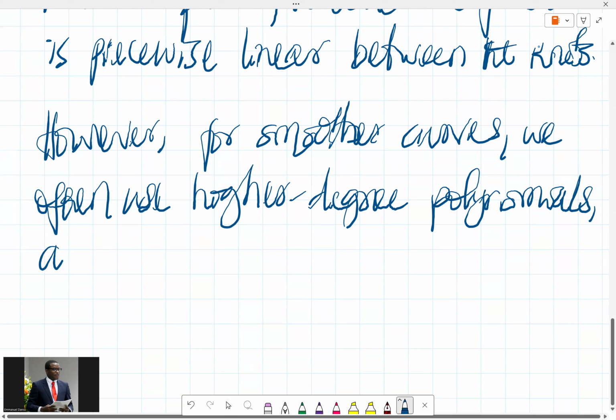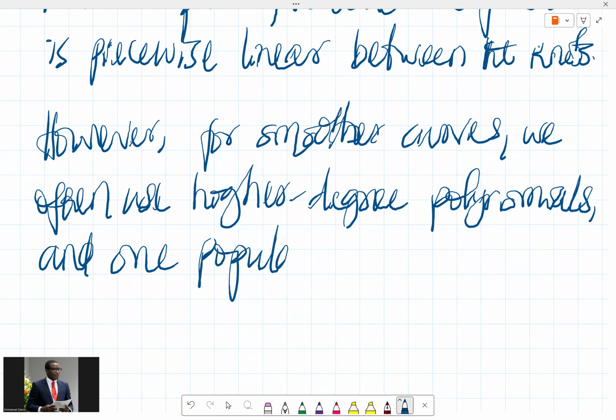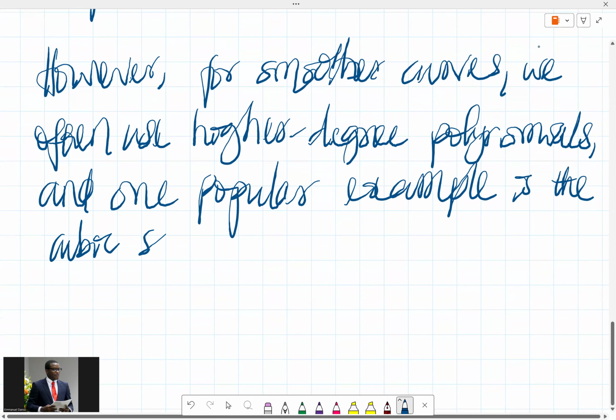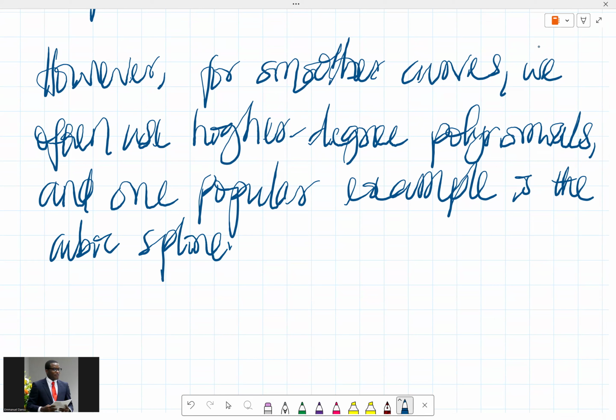One popular example is the cubic spline, which is our focus in this video. Okay, so now that we have made mention of cubic splines, let's see what they are about.